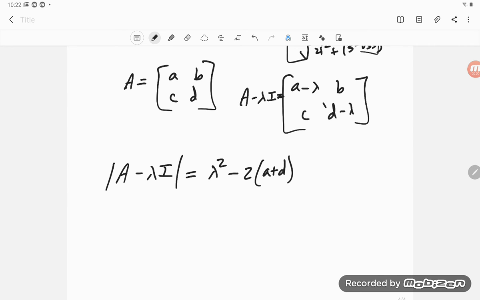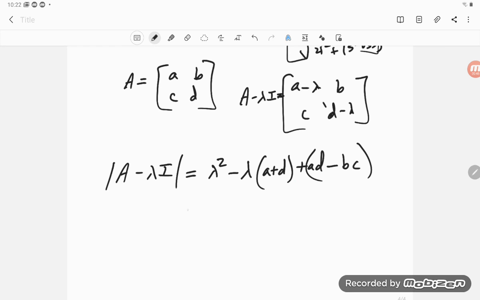I don't know why I said 2 times. I needed a lambda times. Like I say, I'm not very good with numbers. Okay, so I'll get minus d times lambda and a minus lambda times a. So I get minus lambda times a plus d, and then plus ad, and then minus bc.